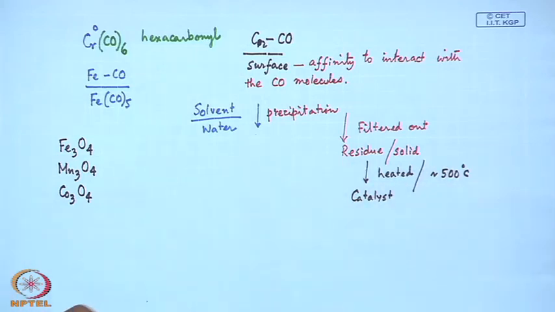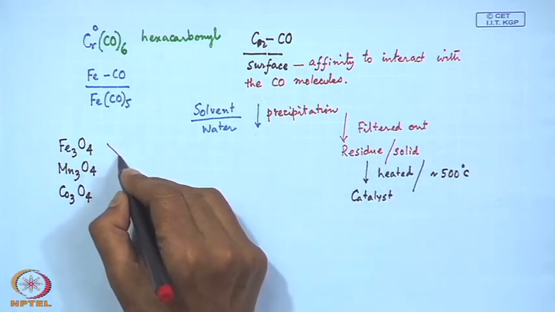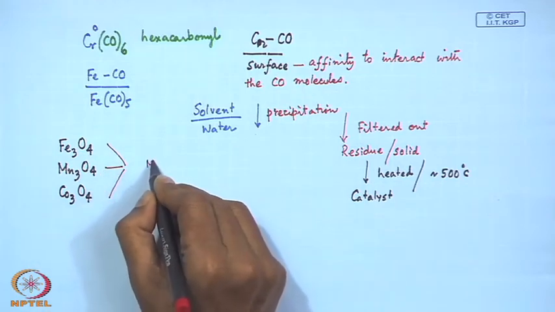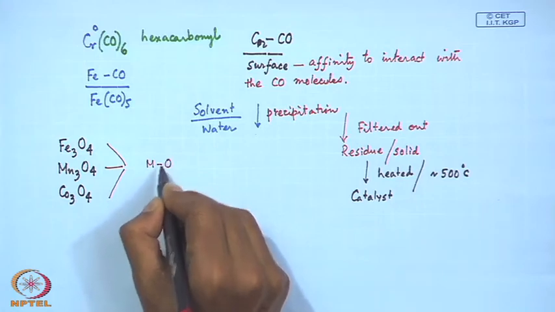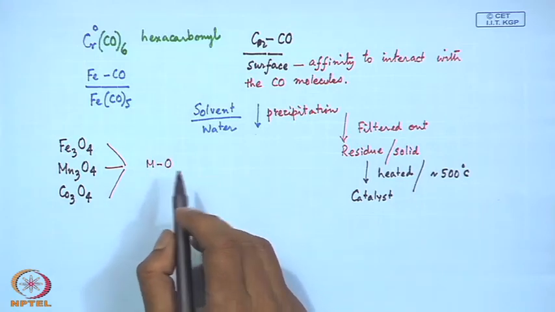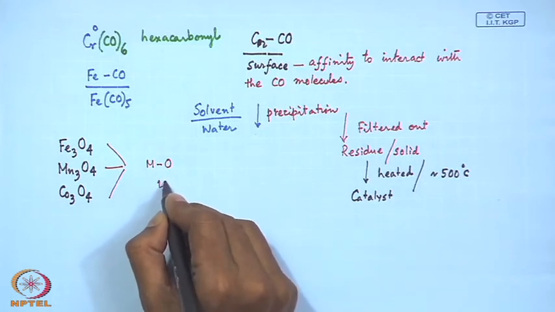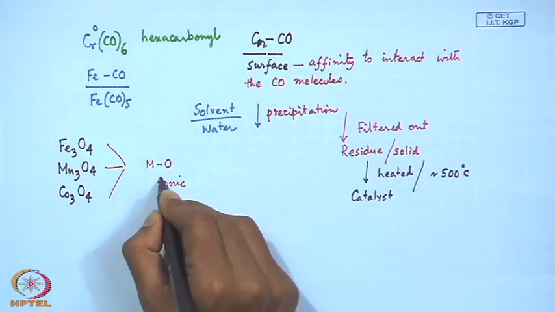These structures are there, and all these molecules or systems can have a very strong M-O bond, and the nature of this M-O bond is ionic type.